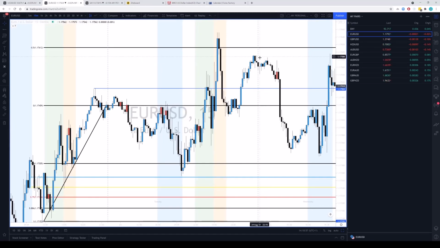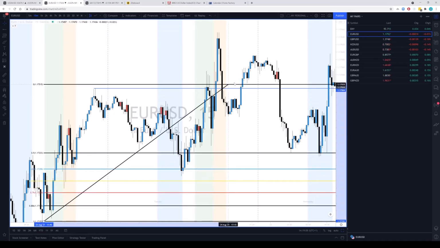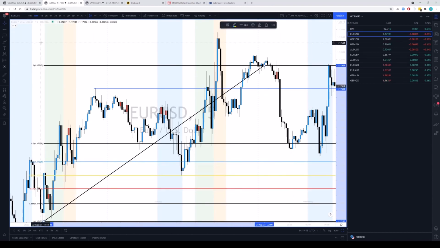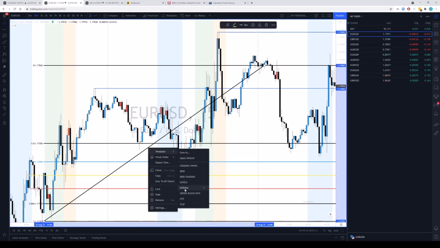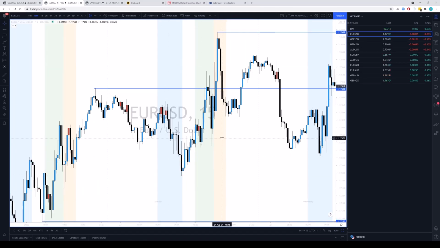Okay, so another example will be this one here. You can see that once we closed on this is Monday, Tuesday, once we closed on Tuesday, price did not go back to attack this high. Okay, so the idea is to look for what? Is to look for a strong low.